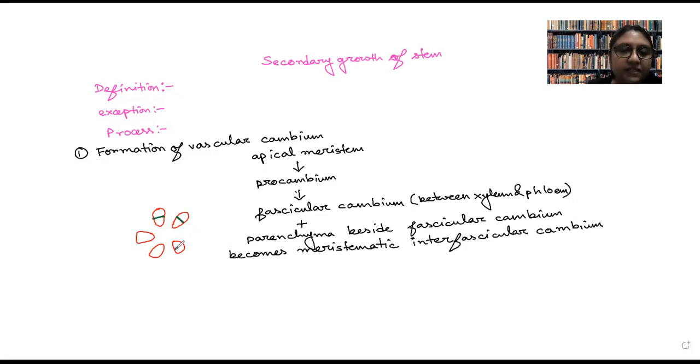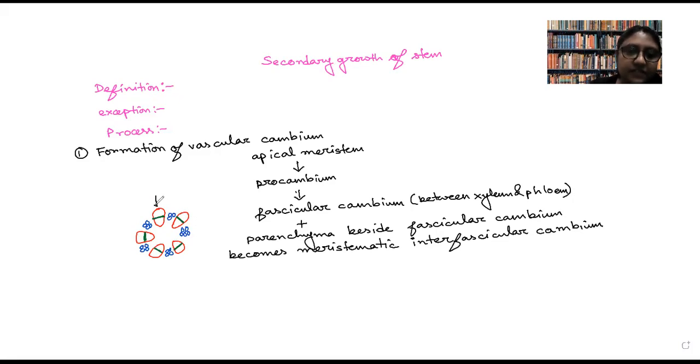The green part is cambium, isn't it? Yes or no? Now, the cells present by the side of this green part, let me mark them in blue. They themselves are converted into meristematic instead of being permanent. So I am labeling them for your reference.